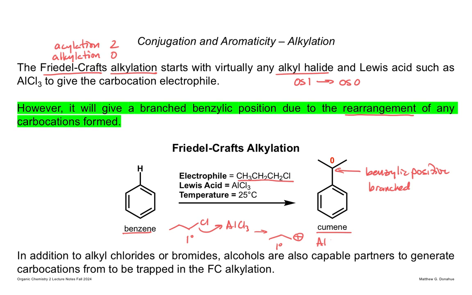Then we balance off the charge. Aluminum is negative. And we recall from organic 1 that if this can rearrange, it will. And so we'll do a 1,2 hydride shift. That's going to give us a secondary carbocation, which is the electrophile that's going to bond to the benzene ring through electrophilic aromatic substitution.